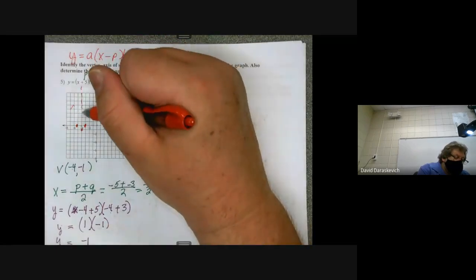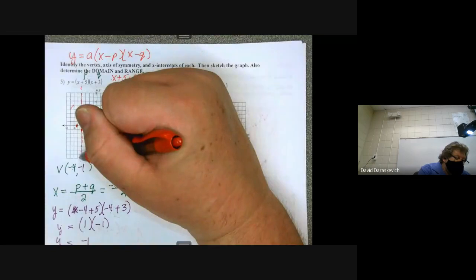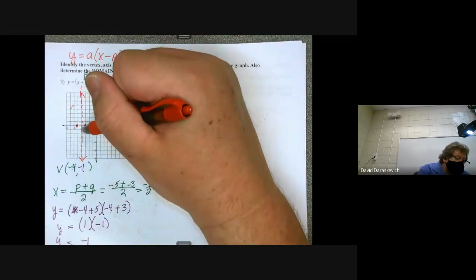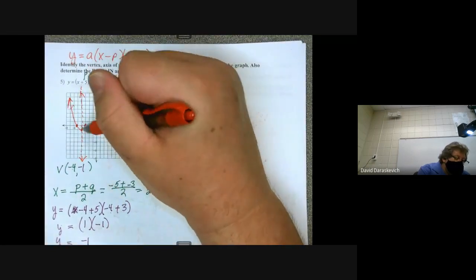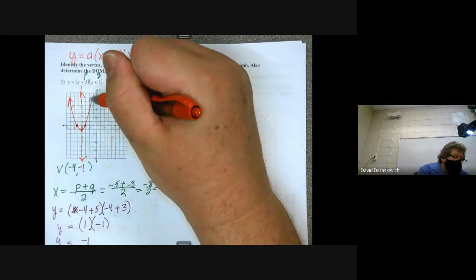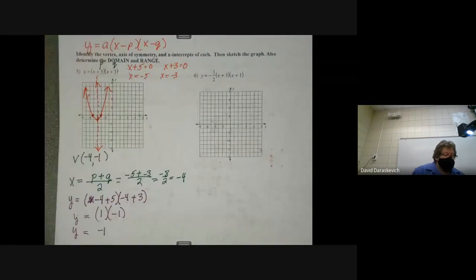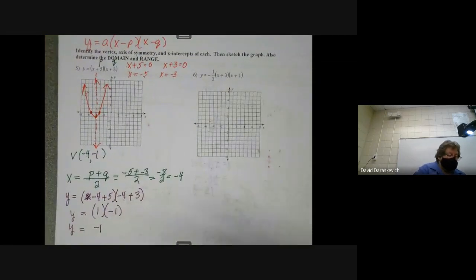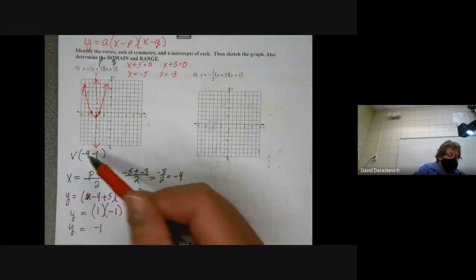Also my line of symmetry here, and there's my parabola. Okay, the axis of symmetry was x equals -4.